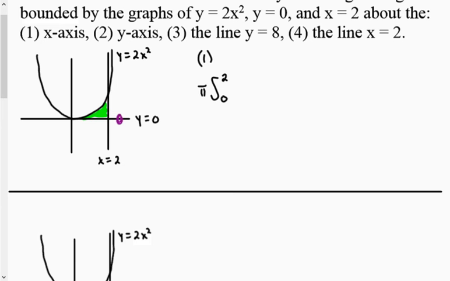We just have our big circles, and the radius of the big circles would be from here to here, so it would just be whatever y is here to what y is here, so it would be 2x squared to 0. So my radius is 2x squared. And then the area of a circle is pi times the radius squared, so I square that, and I integrate that with respect to x.